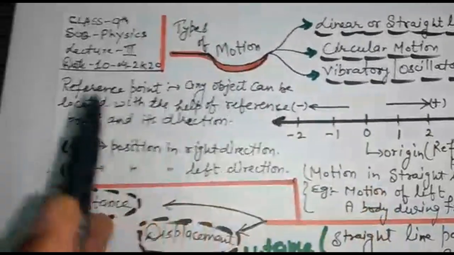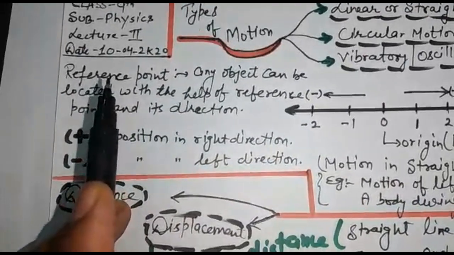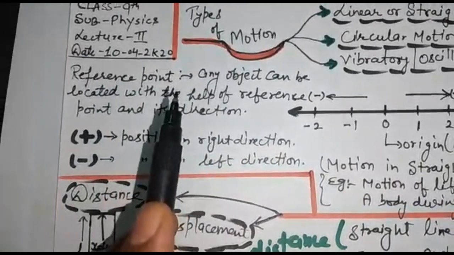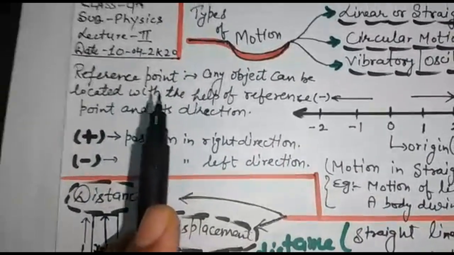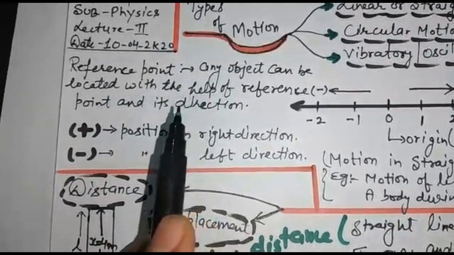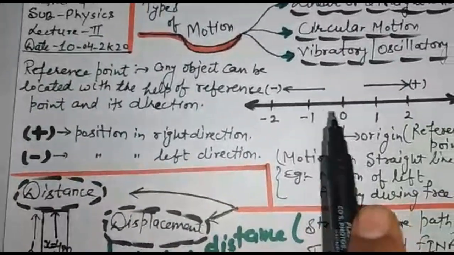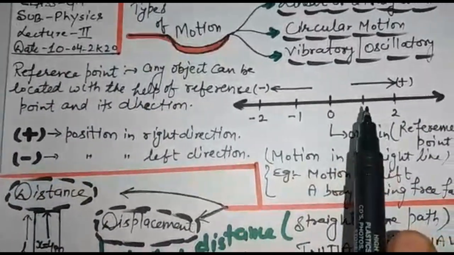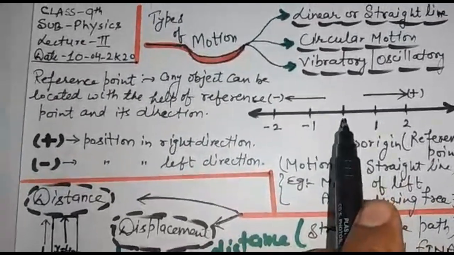You also understood yesterday what a reference point is. Any object can be located. The position of the object can be easily considered with the help of a reference point and its direction. Let us take an example of a straight line path in which a body moves in a straight line motion. This is the origin.